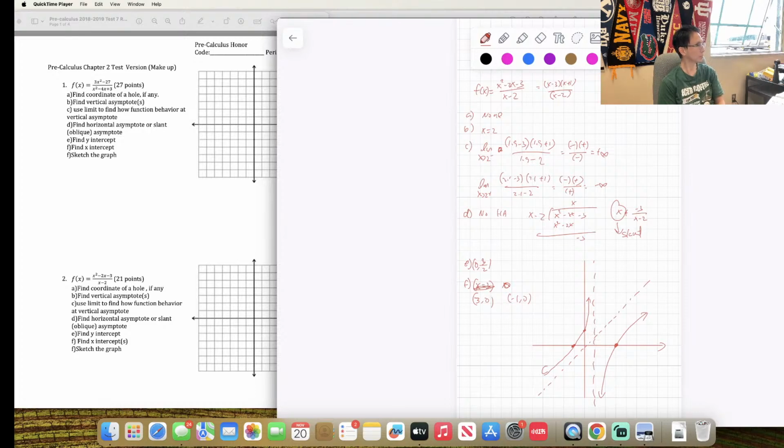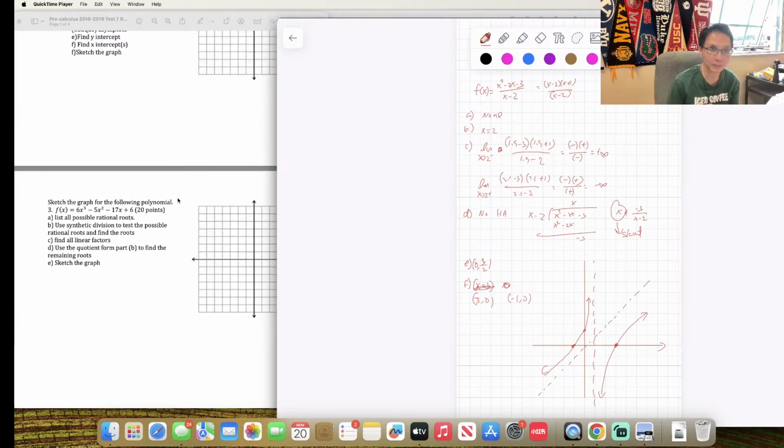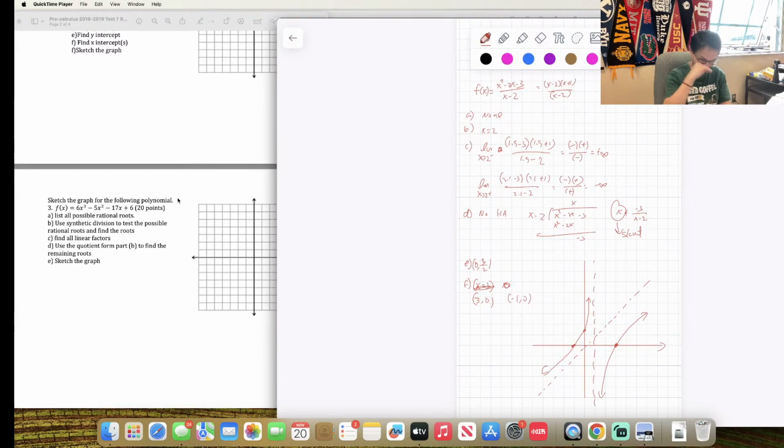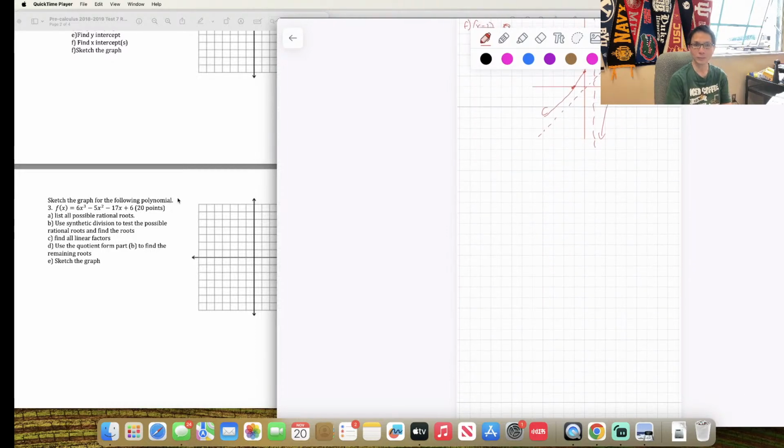Can you go three? But I thought you don't want it to touch them. I mean, it doesn't matter. I think it's common sense. But aren't the points here? In this case, it wouldn't be that. Mr. Yu, what's Q? It would be the factor of the constant over the factor of the leading coefficient.